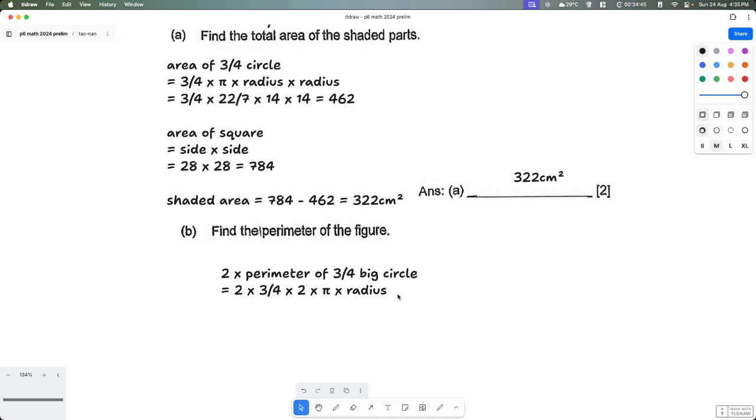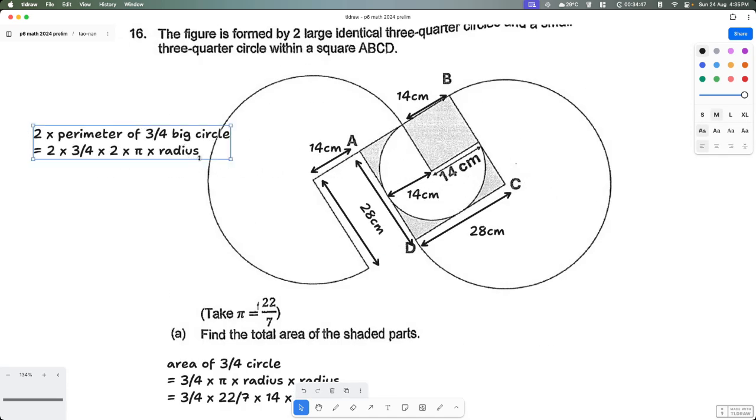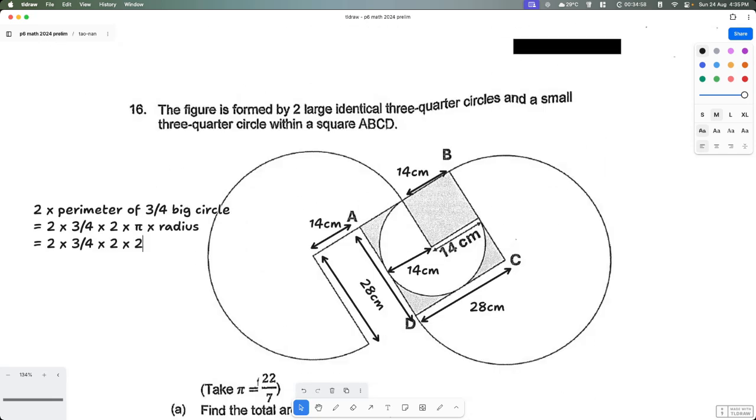Let me move this out so it's easier to calculate. So this will be equal to 2 times 3 out of 4 times 2 times pi, which is 22 out of 7, times radius, which is 28.